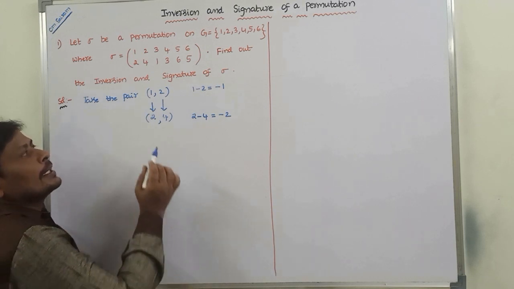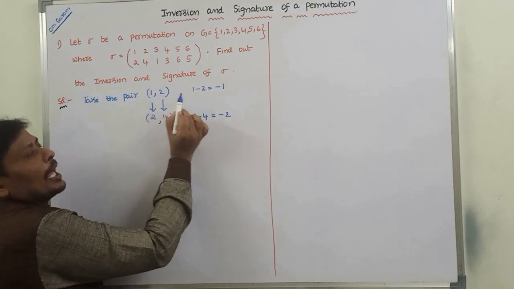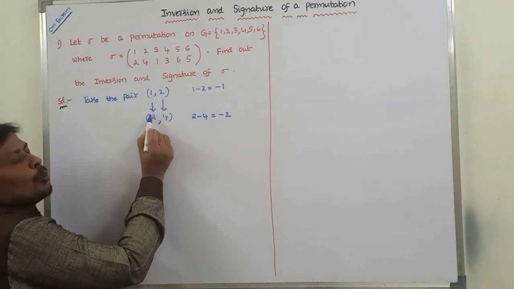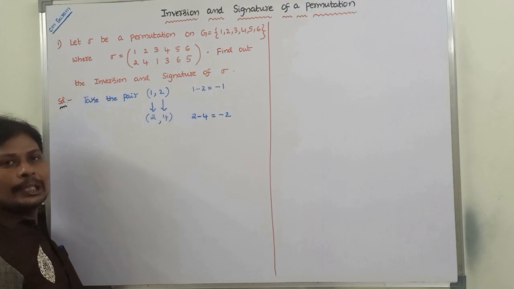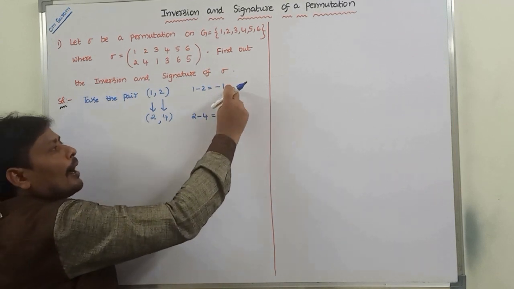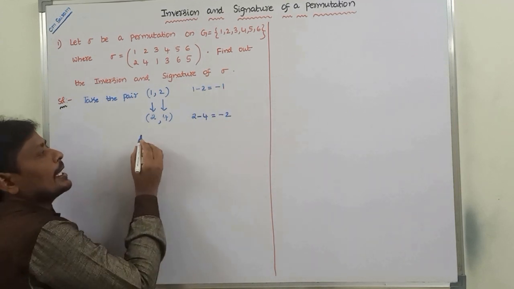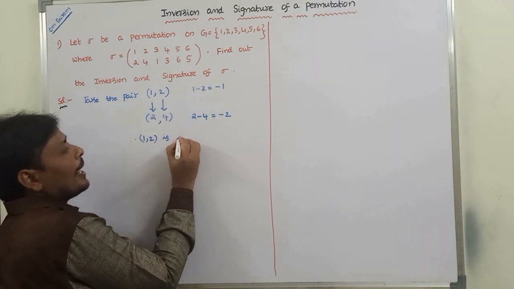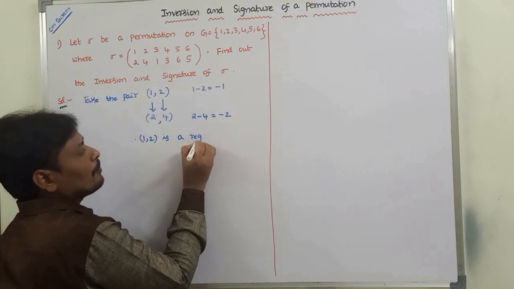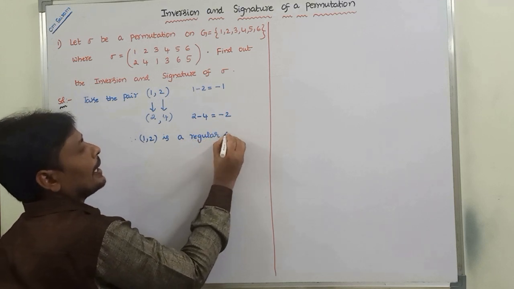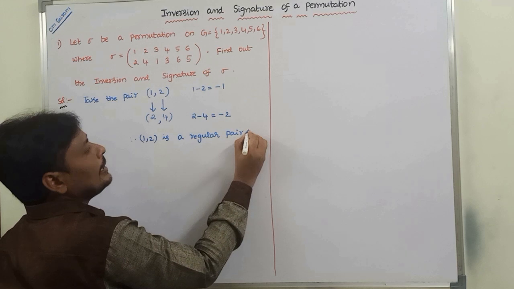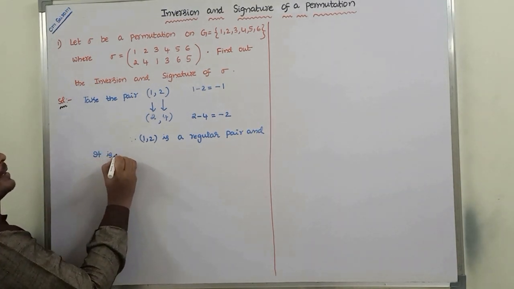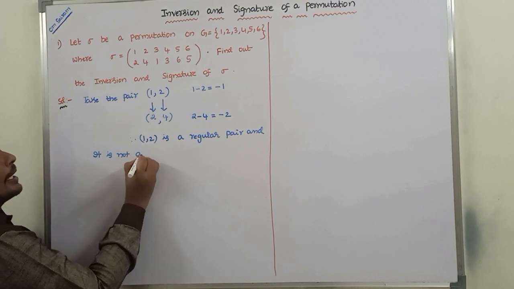Whenever the difference between the two elements is negative, the difference between their images is also negative. Hence, we can say that 1,2 is a regular pair, and it is not an inversion.